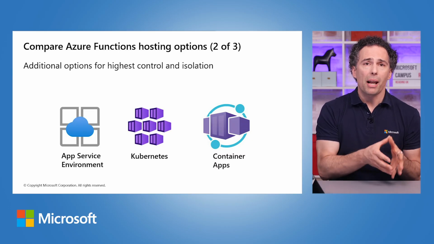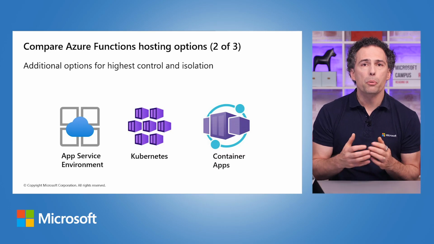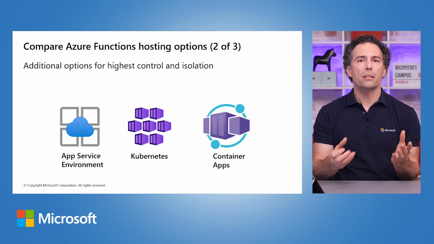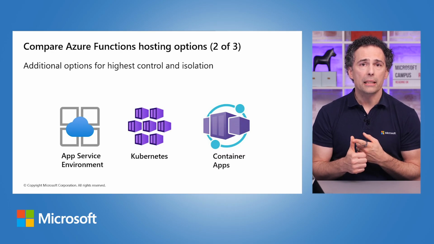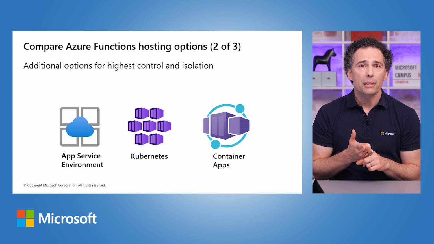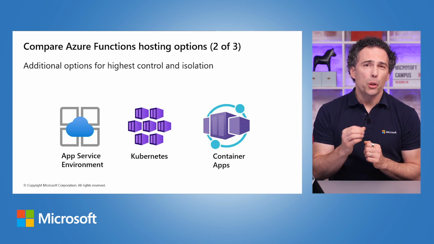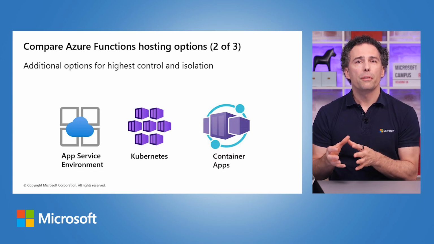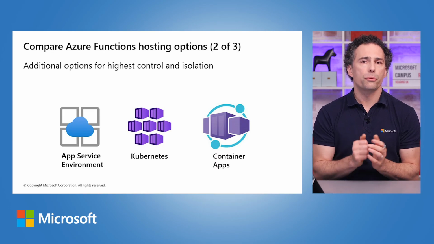Besides these 3 plans, Azure Functions also supports other hosting options that provide the highest level of isolation and control: App Service Environments, ASEs, the isolated dedicated plans, the Kubernetes cluster, and Container Apps. App Service Environment is a feature of App Service that creates a fully isolated, dedicated environment for your function app.